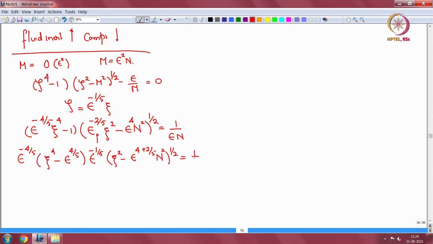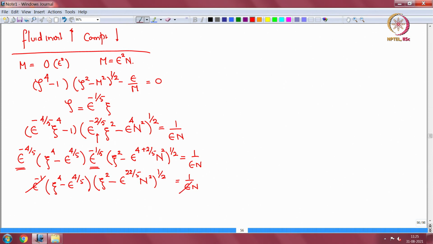That is equal to 1 over epsilon n, and here also I have 1 over epsilon, so this goes.